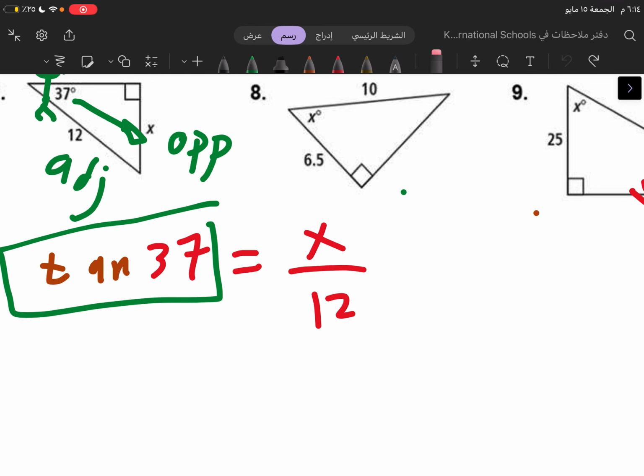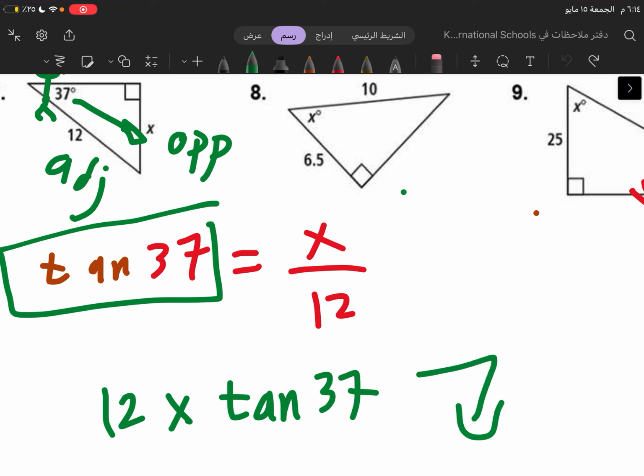Copy this on your calculator: 12 multiply tan 37. Enter. You get the x. Don't write this. The answer of the x equals this one.